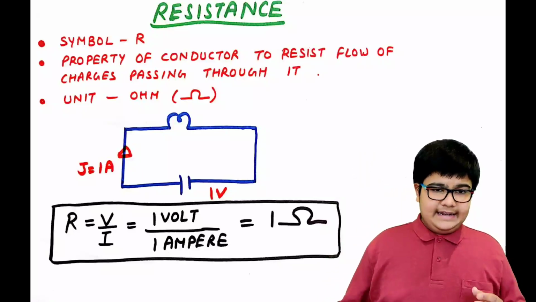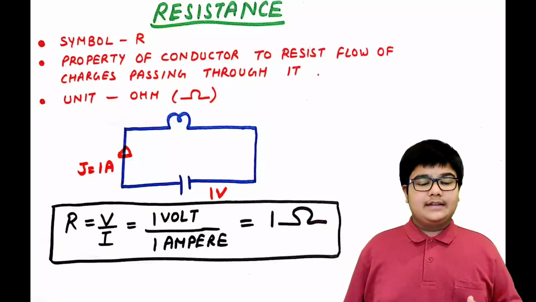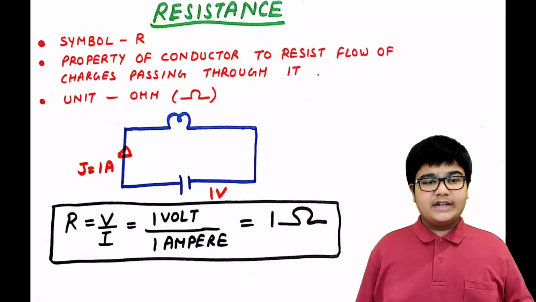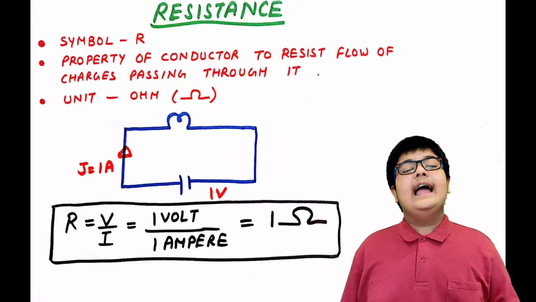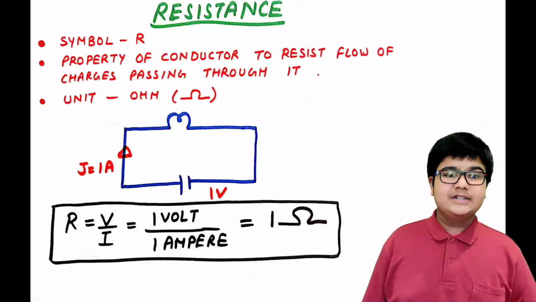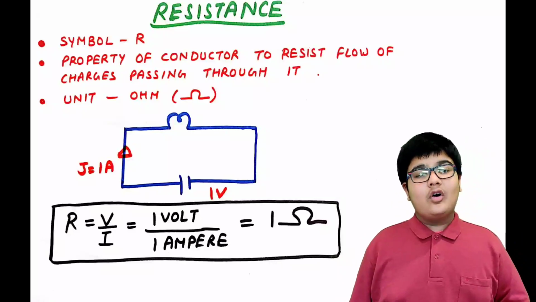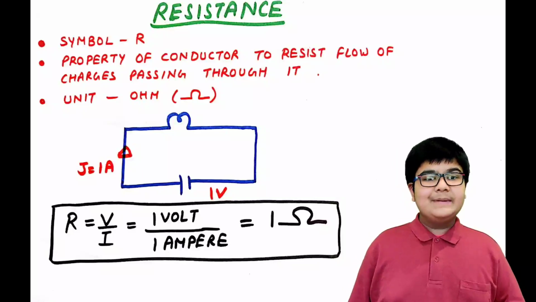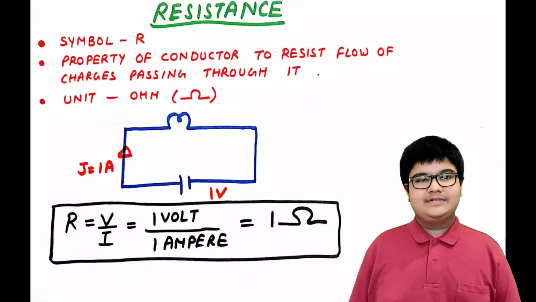So if we take a circuit in which there is a battery of voltage 1 V and a current of 1 ampere is flowing through it, then a resistance of 1 ohm will be produced in the circuit.